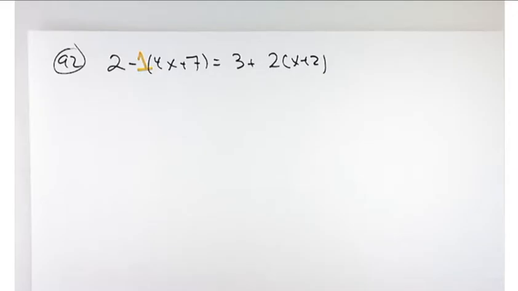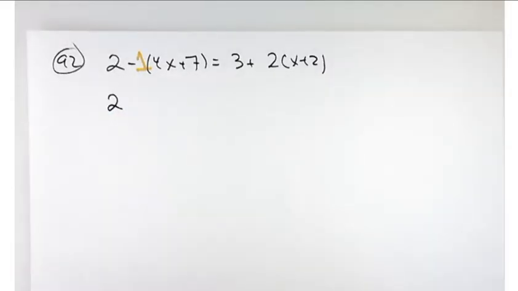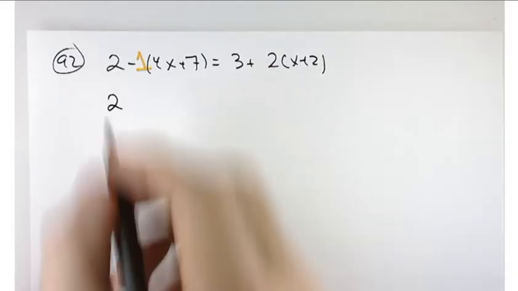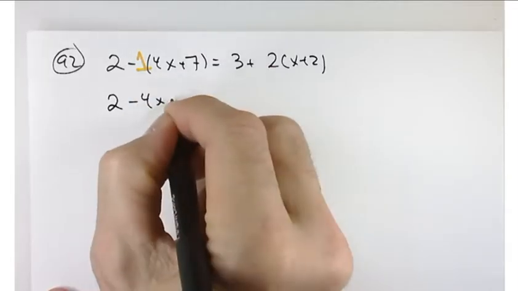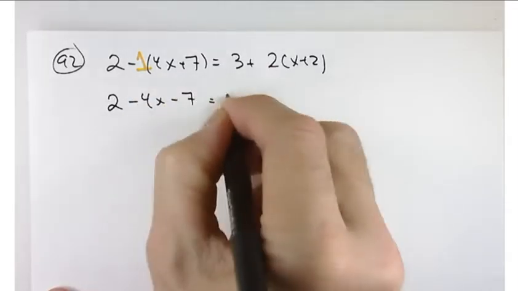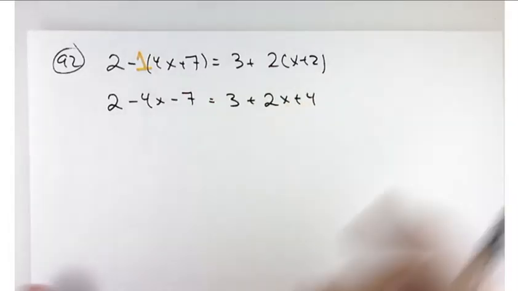So the 2 stays out in front. What does it look like if I distribute the negative 1? It's going to be the same with the signs changed. It's going to change the signs here. So minus 4x minus 7 equals 3 plus 2x plus 4.